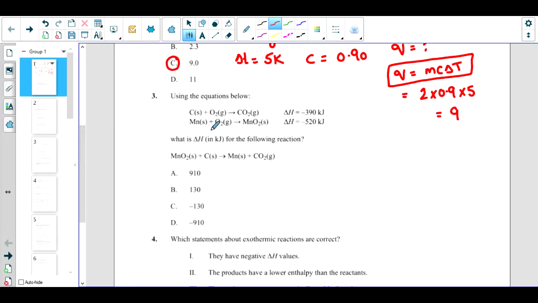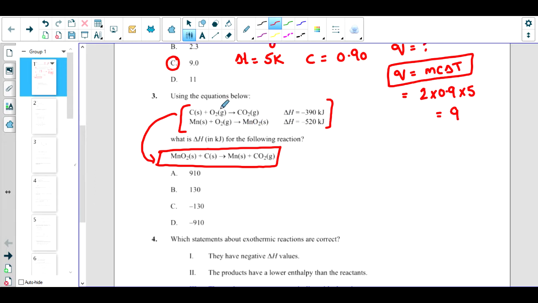Using the equation below, what is the delta H in kilojoule for the following reaction? In this case, this is our main equation. I used to call it the main equation summary, and these are the steps, the reaction mechanism. So based on these two equations, we want to design this equation. How can we do it? Let's check.